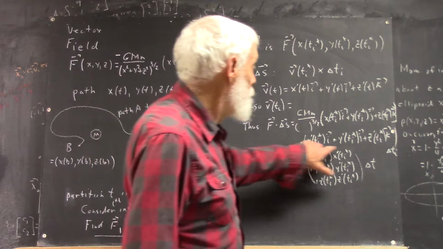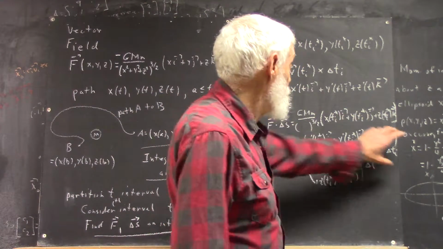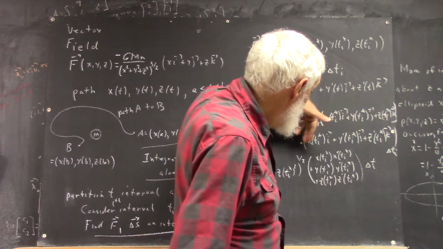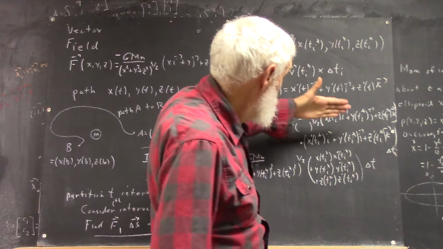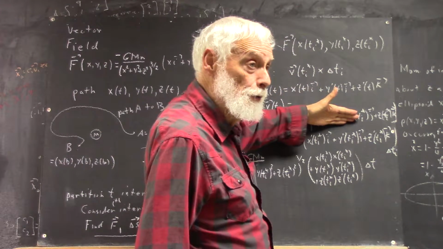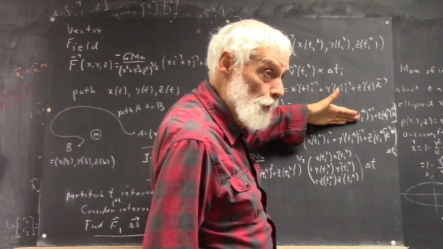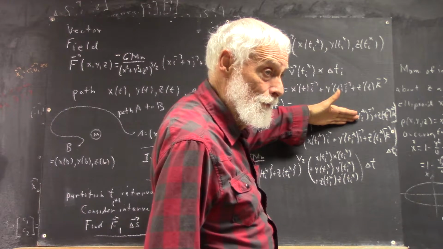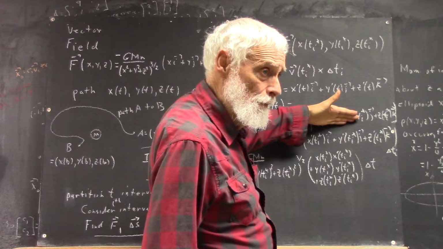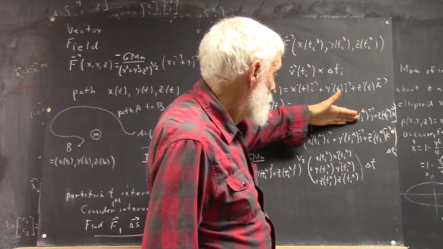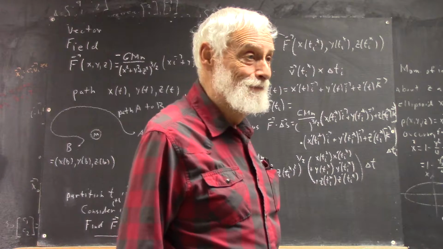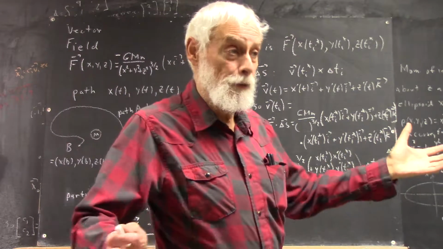I mean, the magnitude of this will be a distance, right? The magnitude of this factor is just the square root of x prime squared plus y prime squared plus z prime squared. Okay? So why don't we get a square root factor? Because there's no square root in F dot delta s. We're integrating F dot delta s.